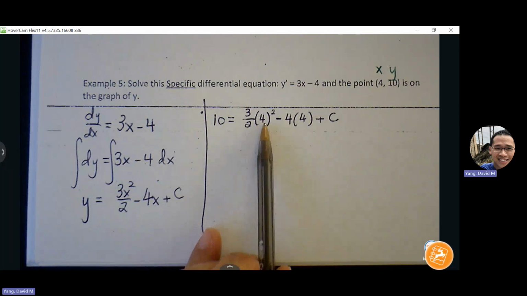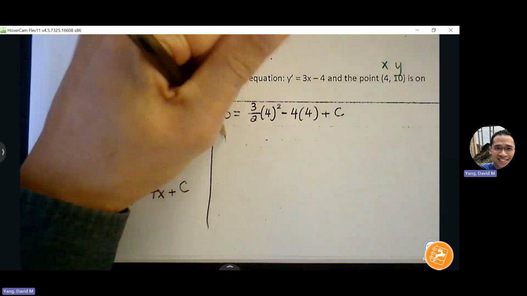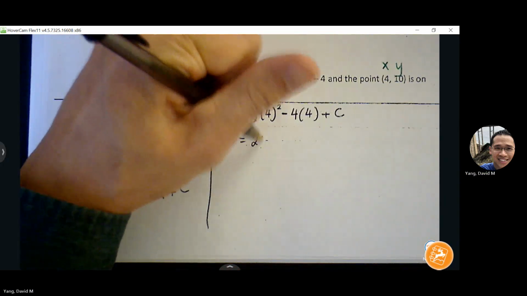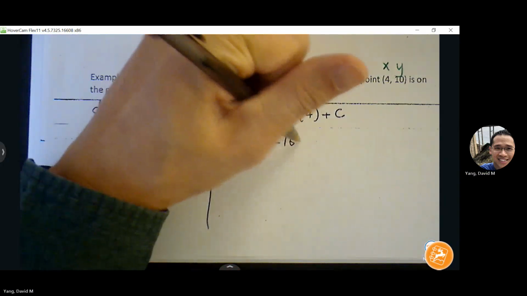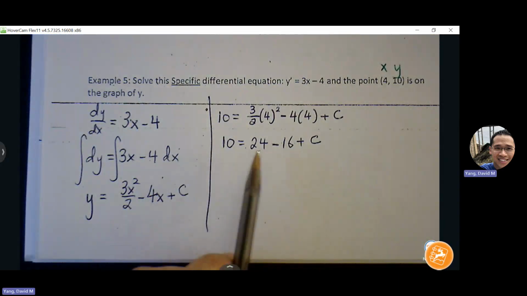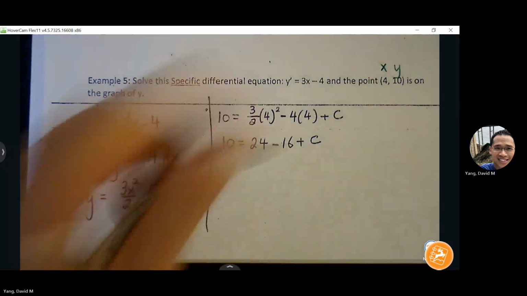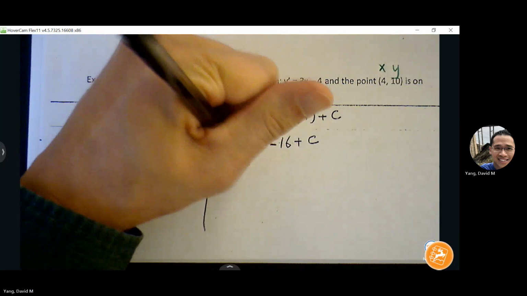Okay, this is 16. 16 divided by 2 is 8. 8 times 3 is 24. Subtract everything over to the left side here. Let's see, 24 minus 16 is 8. 10 minus 8 is 2. So c is equal to 2.